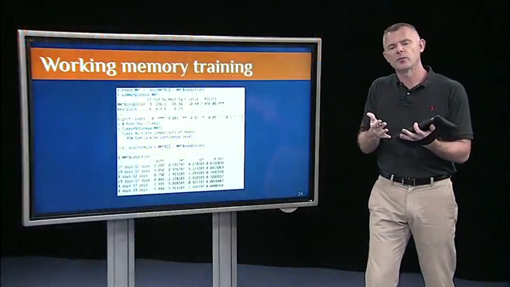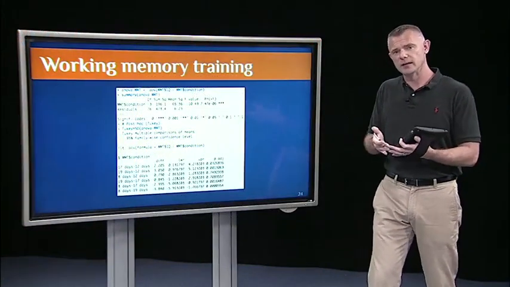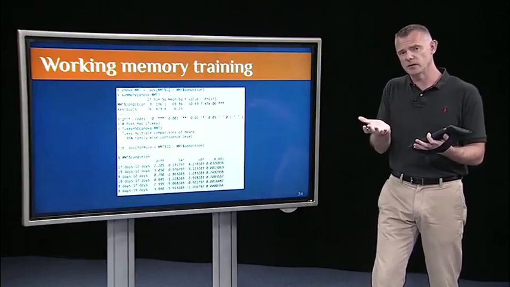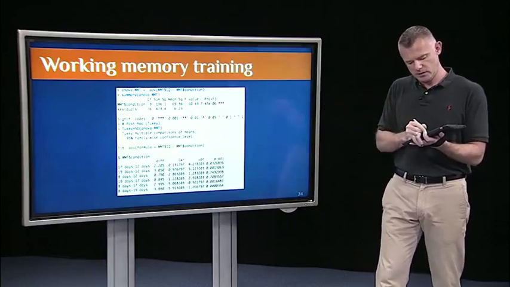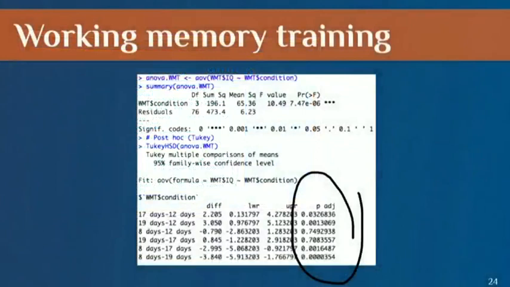You'll inflate the probability of a type 1 error. So what Tukey's procedure does is it does all the pairwise comparisons but adjusts the p-values so as not to inflate the probability of type 1 error. And you see that in this last column, which is called p-adjust. It's adjusted the p-value accordingly.